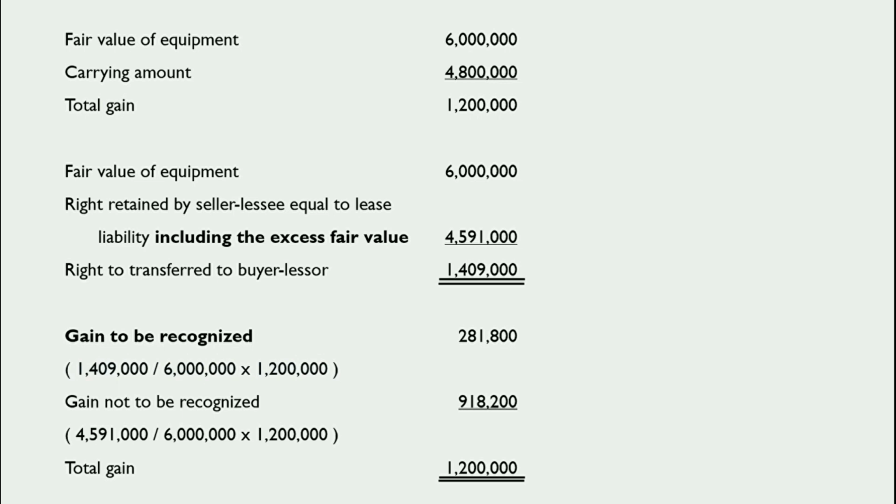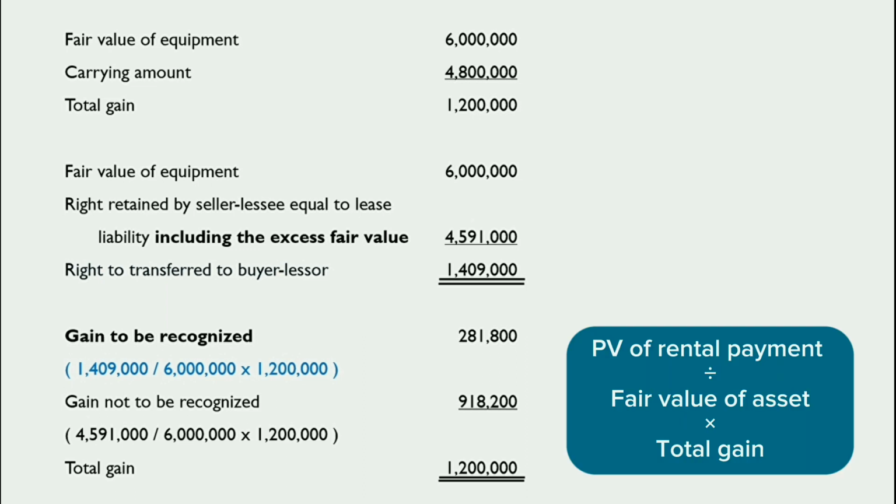Or in other words, dahil may di ka pa na transfer na rights, wala kang full grasp doon sa 1,200,000 na total gain. So, ang formula to know kung ano yung amount na gain to be recognized is that present value of the rental payment divided by the fair value of the asset, multiply siya sa total gain. So, ganito lang yan.